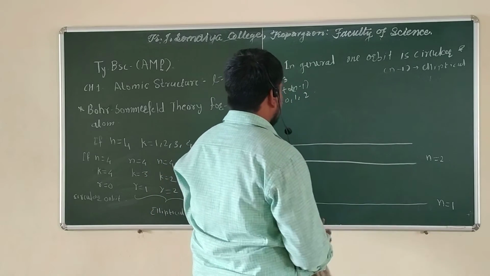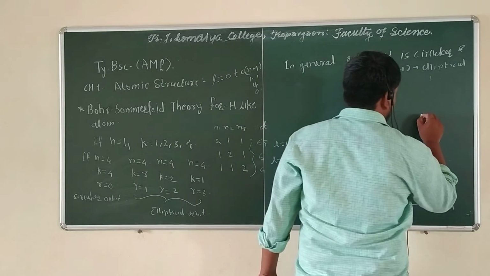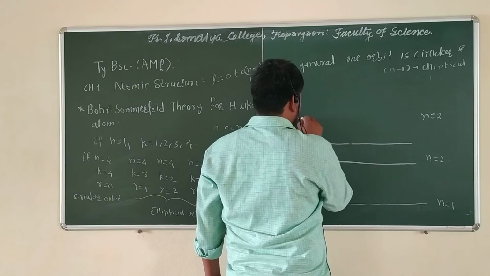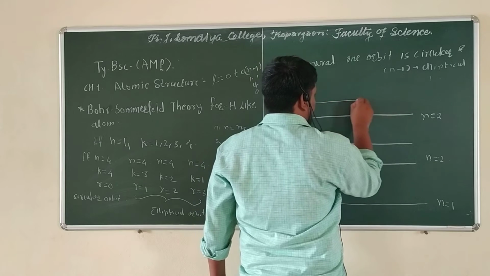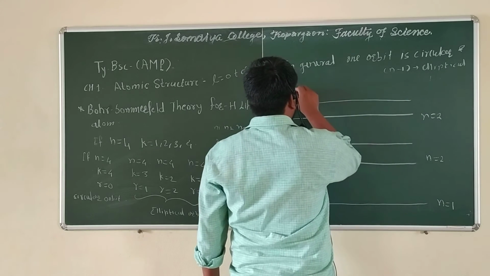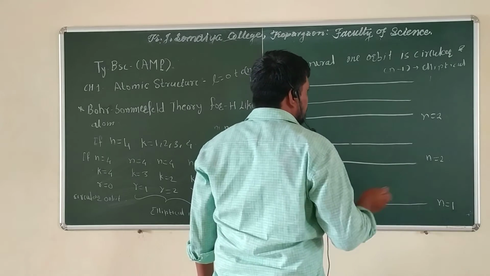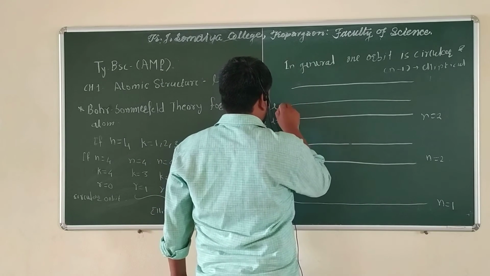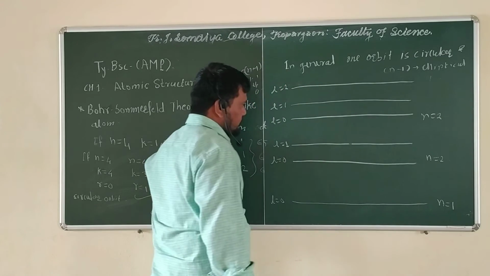So for n is equal to 3, we get 3 different L values. So L is equal to 0, L is equal to 1 and L is equal to 2 here.